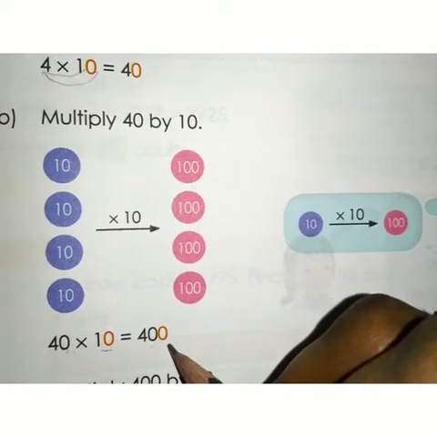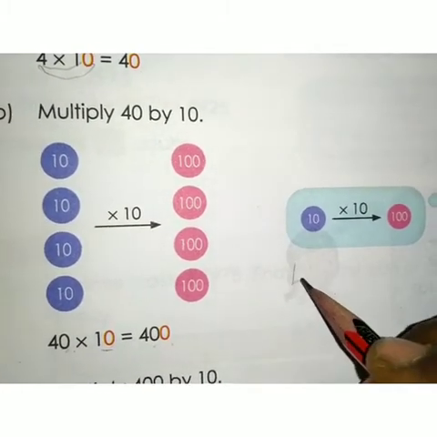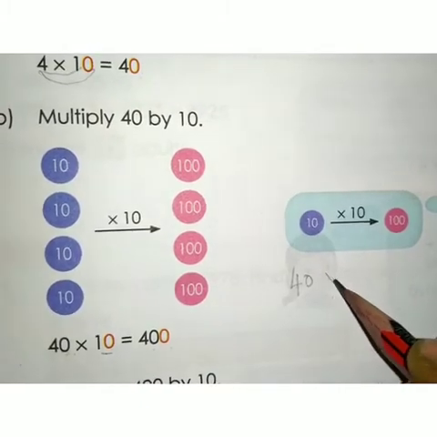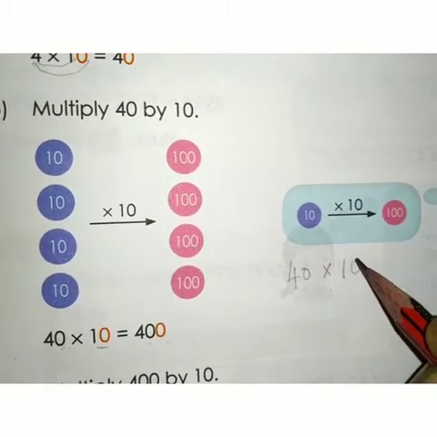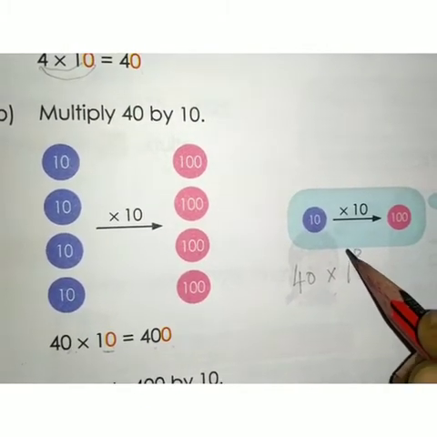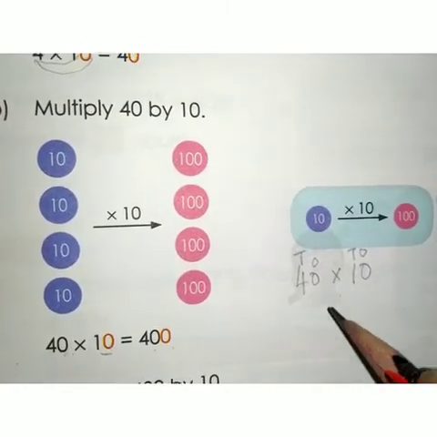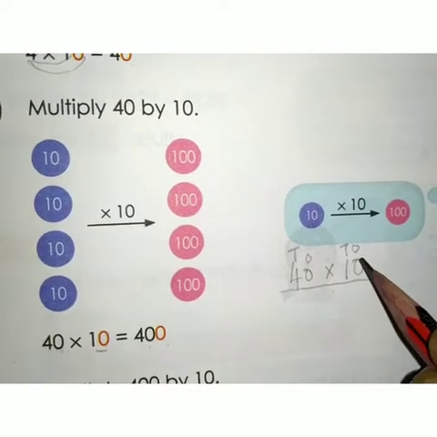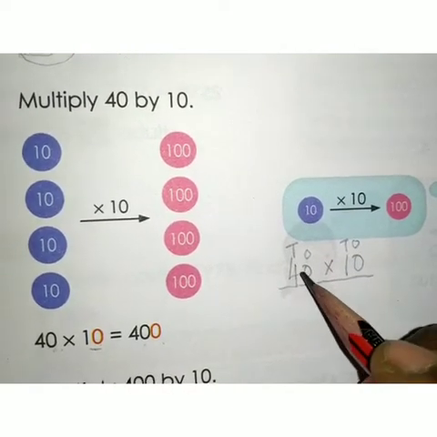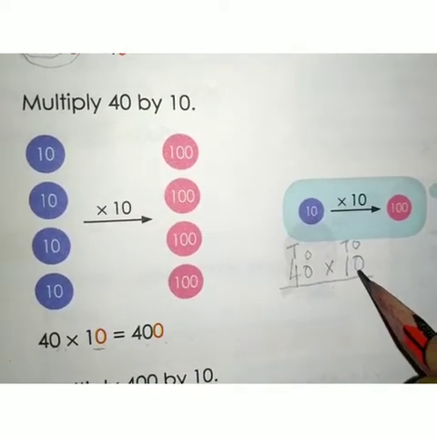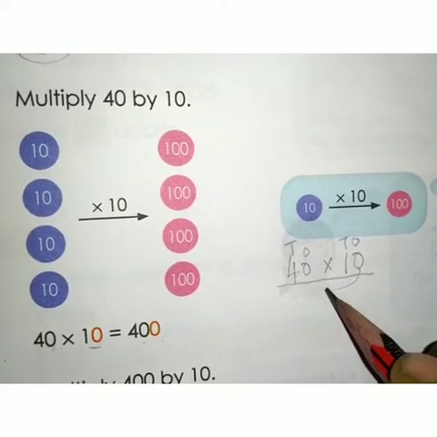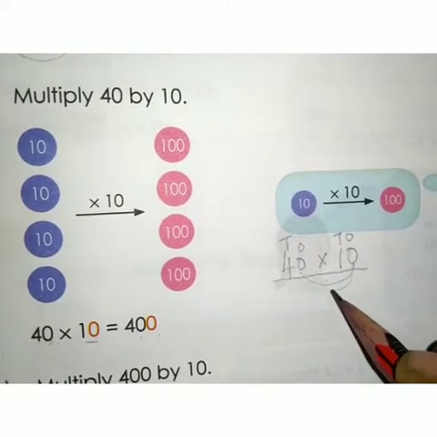Okay dear, by doing normal multiplication, 40 into 10, ones, tens, ones, tens. Look at here. Start with this 10 and multiply with 40. Take the first ones place. 1 will be multiplied with ones and tens.